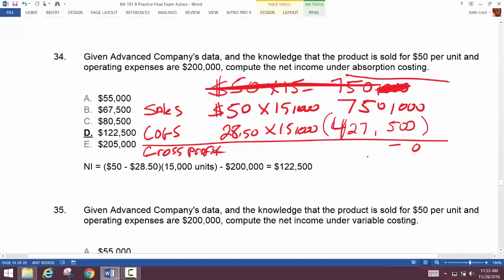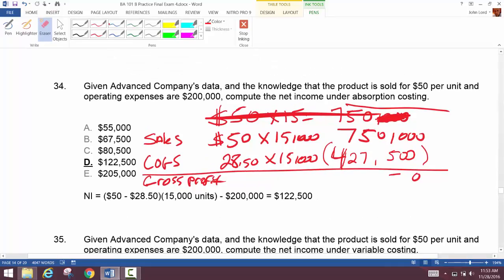750 minus 427,500 gives me 322,500. Okay, good. And then they tell me that my operating expenses are 200,000.